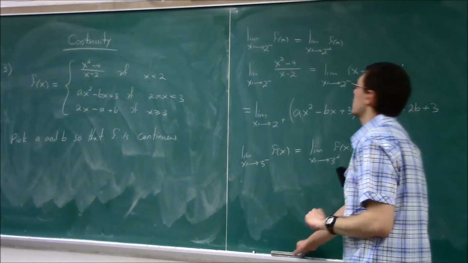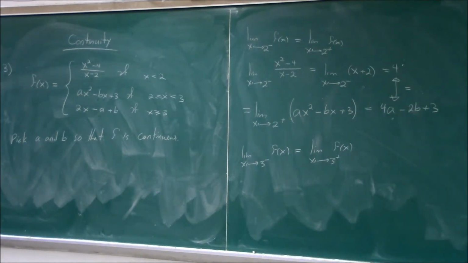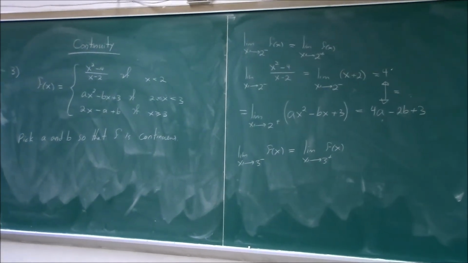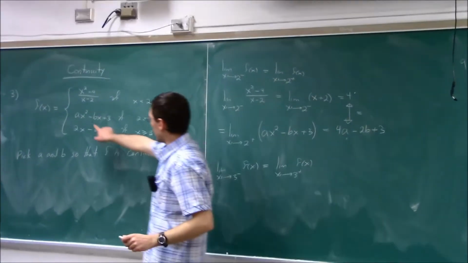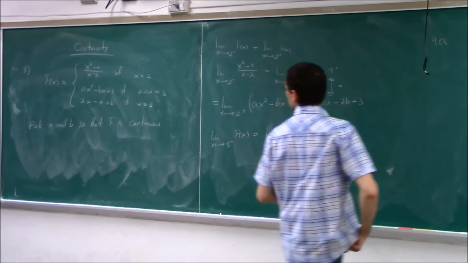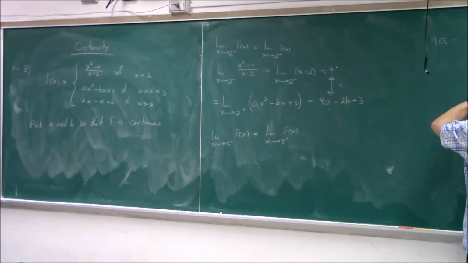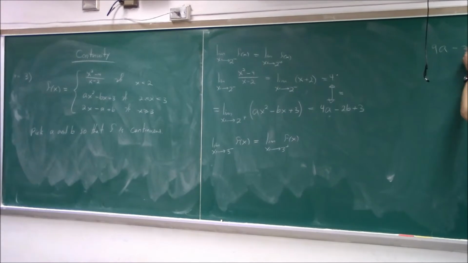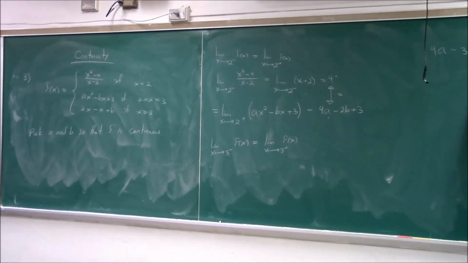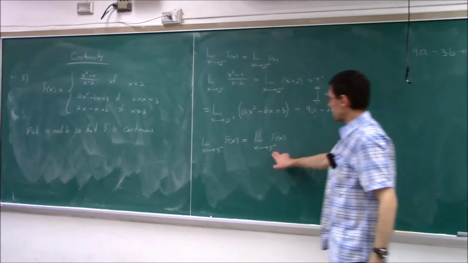So that implies that as I approach 3 from the left, I would get a times 9, because this is plugged into the middle polynomial, minus 3b plus 3, which must equal this limit from the right.